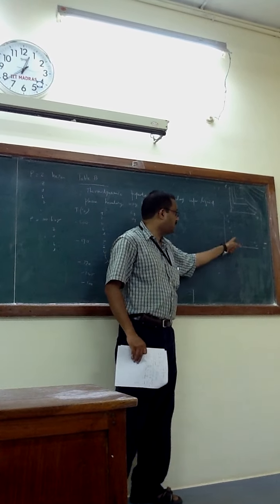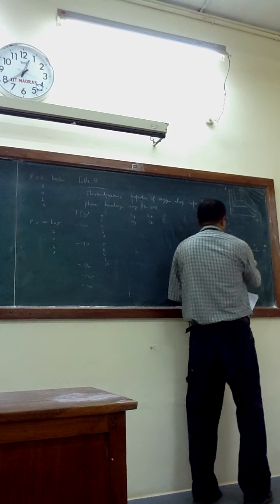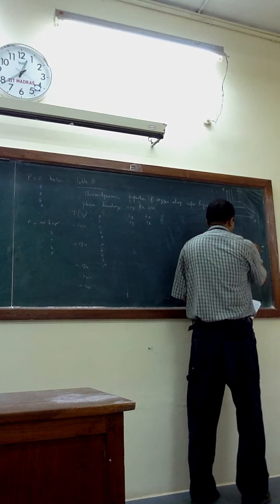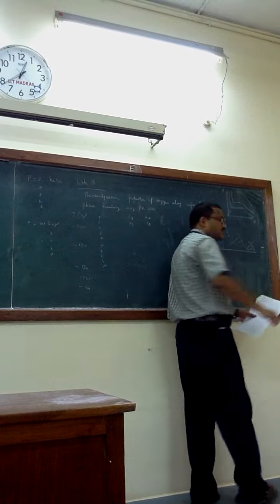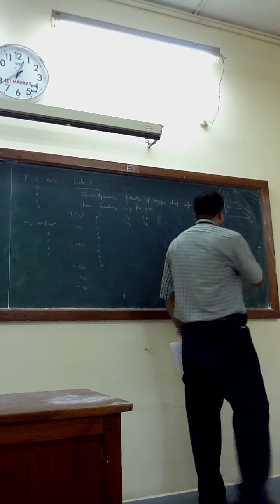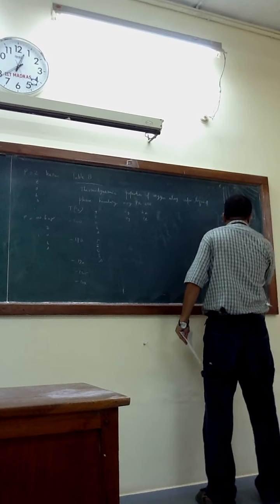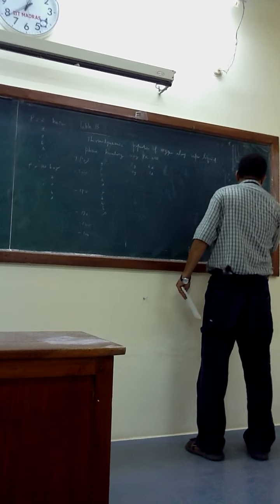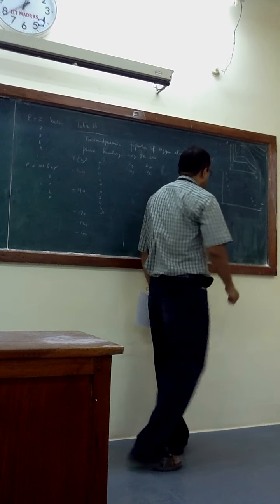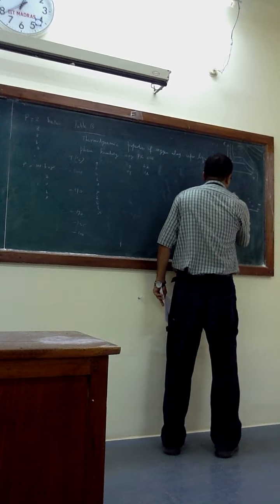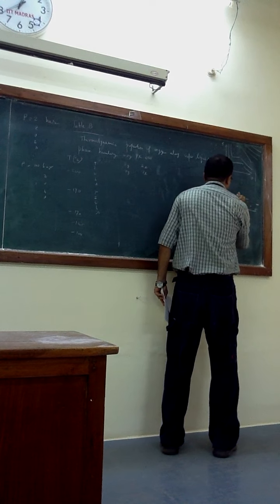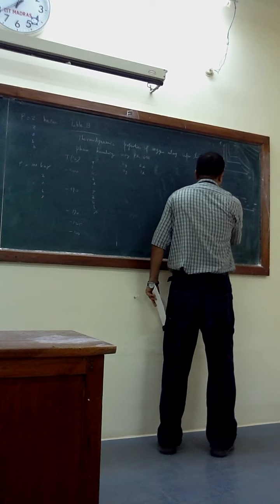But because of the Maxwell equal area rule, if the areas are not equal, then your entire thing is wrong. So you get scattered data.